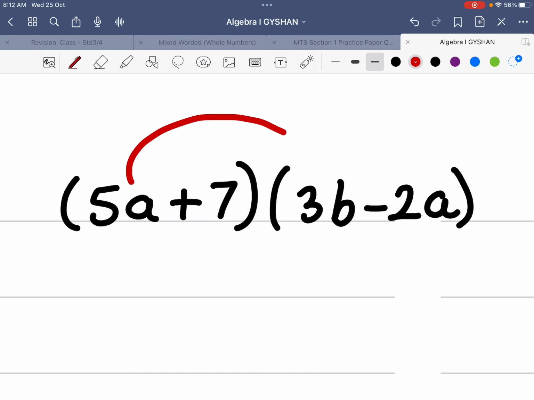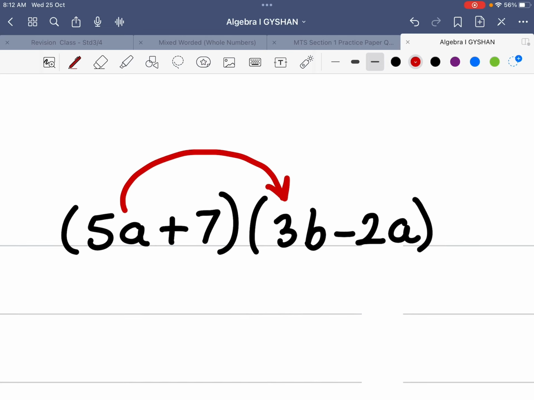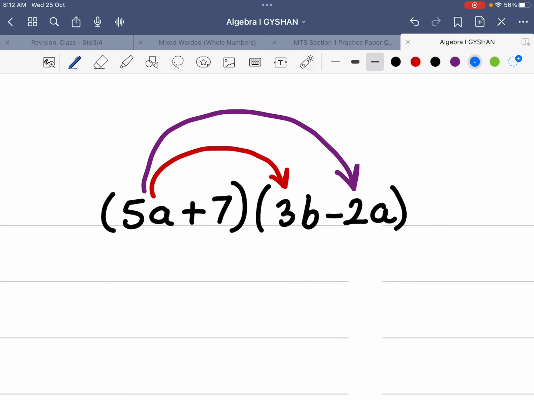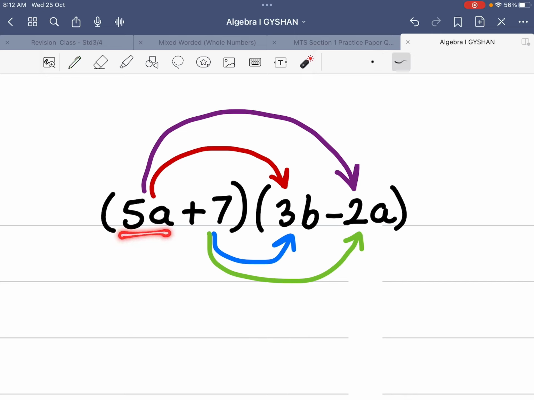First term by the first term, first term by the second term, second term by the first term and second term by the second term. So let's begin. So we will use, of course, red for this, followed by purple for this, blue for this, and green for this.